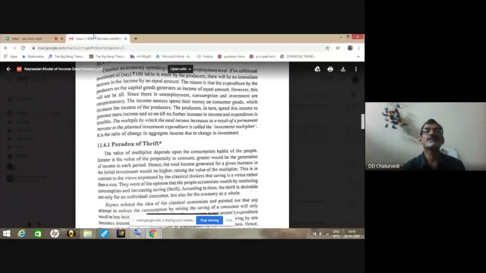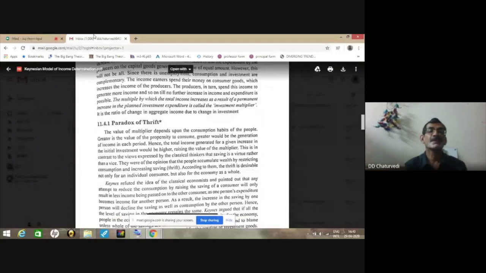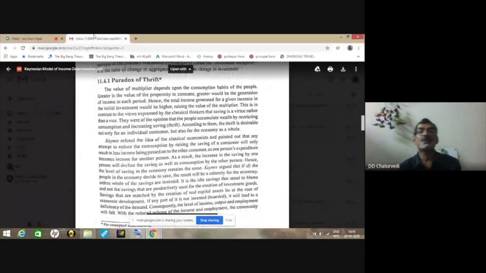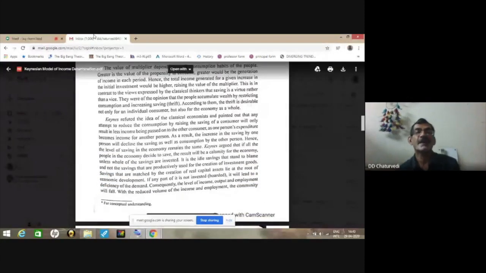Paradox of thrift is a topic which is only required for conceptual understanding. Students, whenever you find a star in any topic or subtopic in the chapter, you can know from the footnote that this particular section is required only for conceptual understanding.